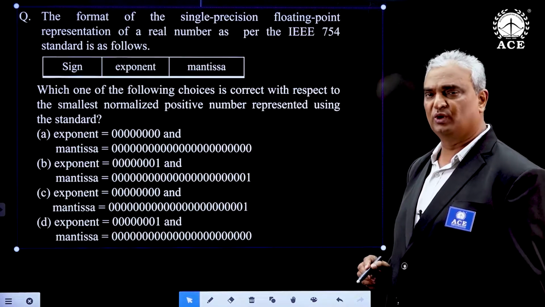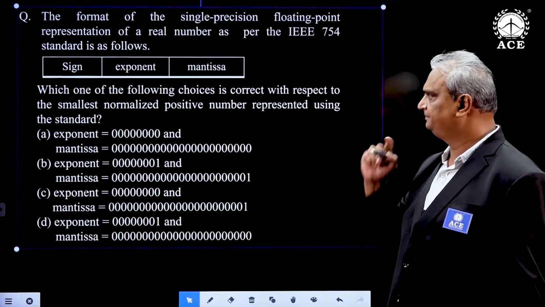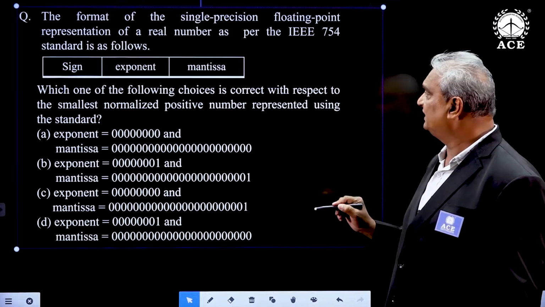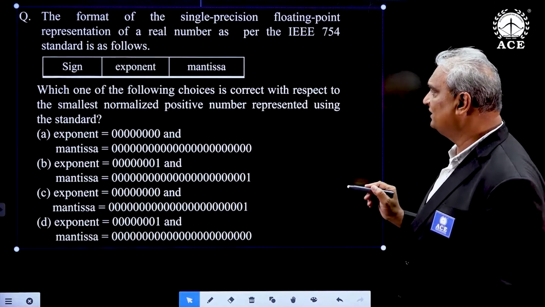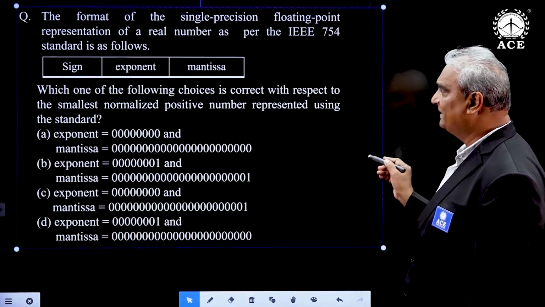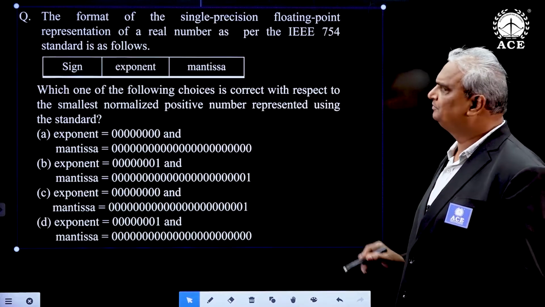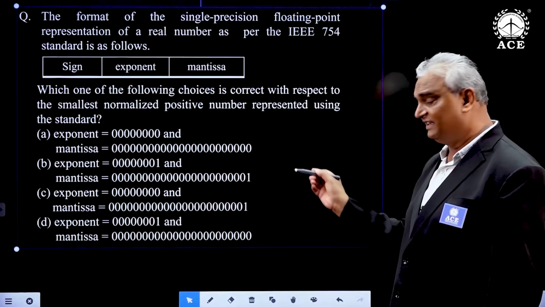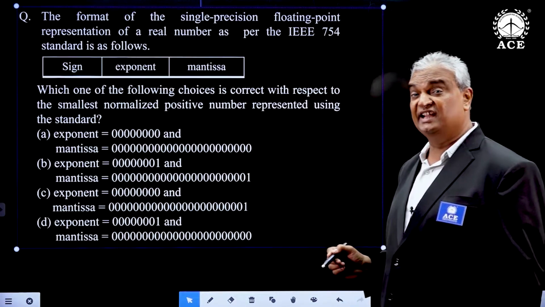Mantissa field is also known as a fraction field. Which of the following choices is correct with respect to the smallest normalized positive number represented using the standard? It is nothing but IEEE single precision.